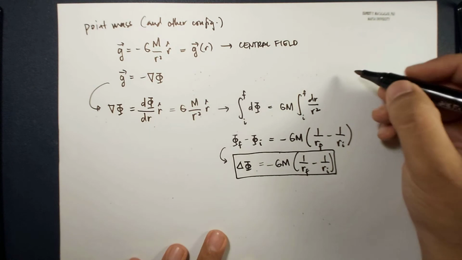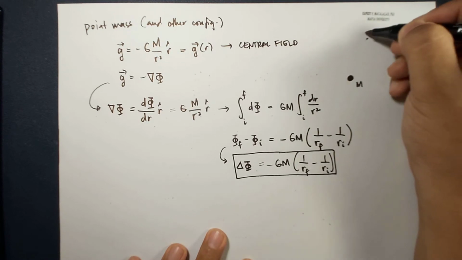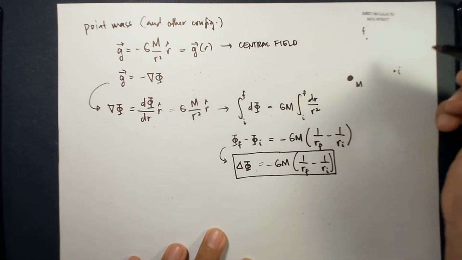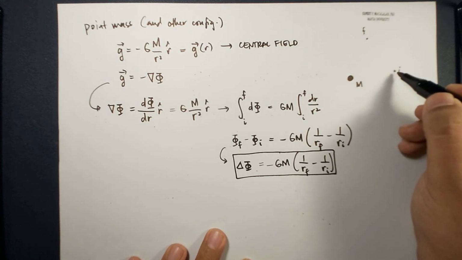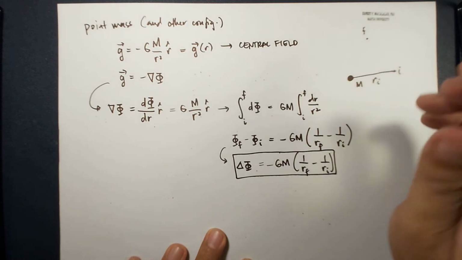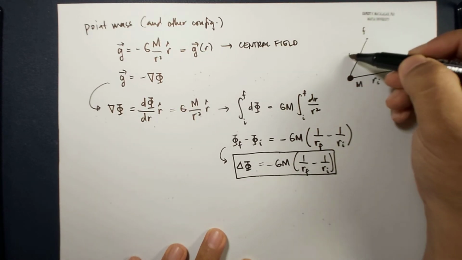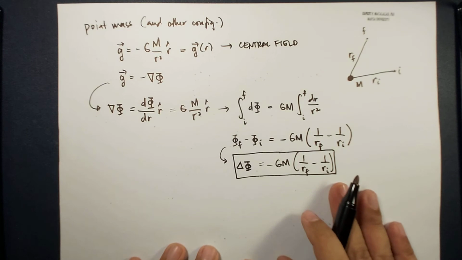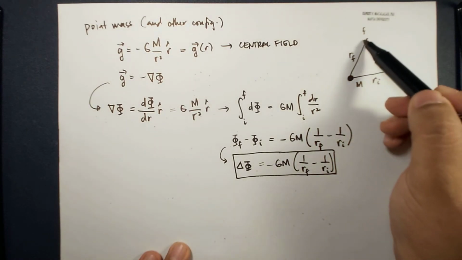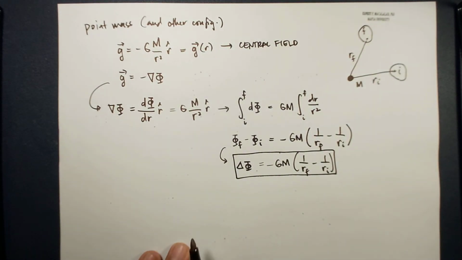For example, this is the source mass M, and let's say we have two points i and f. If you want to know the potential at point i, at distance r i, we need to find the potential first at some point f, that is r f away from the source. So we can actually choose any final point or any initial point as our reference point in order to determine the potential at any given point.